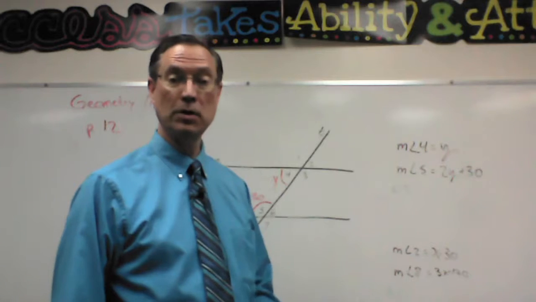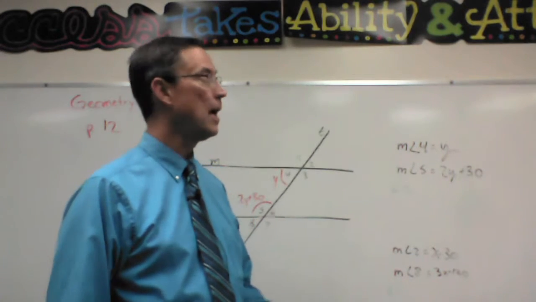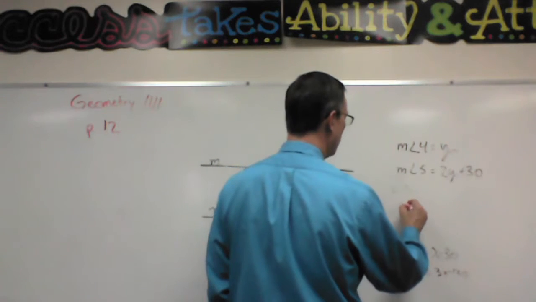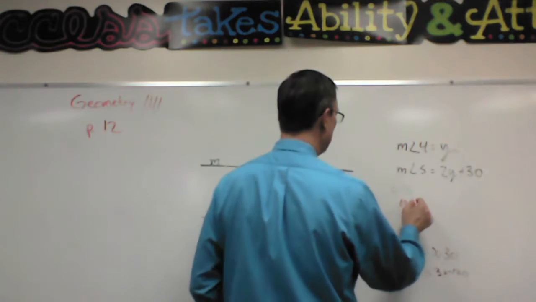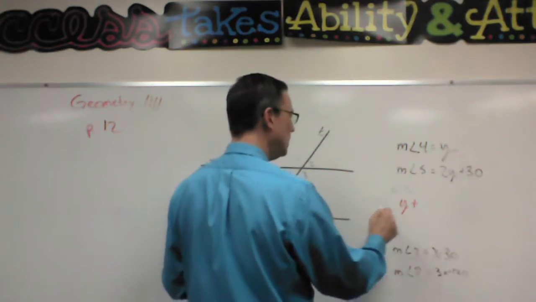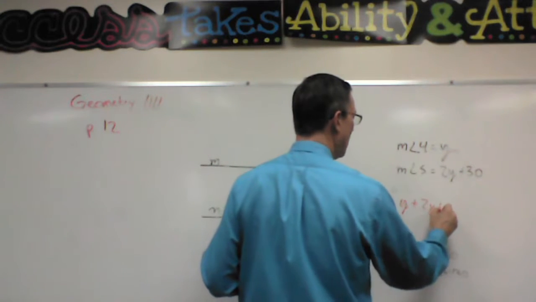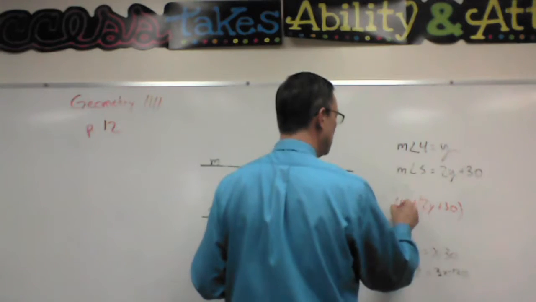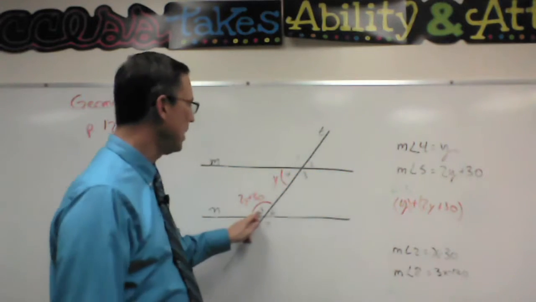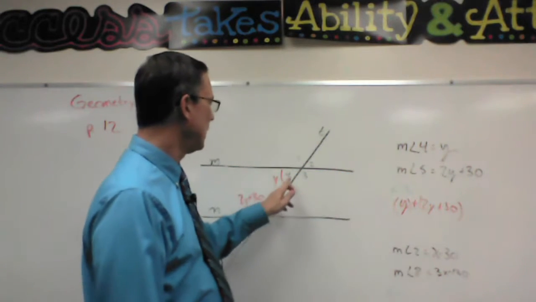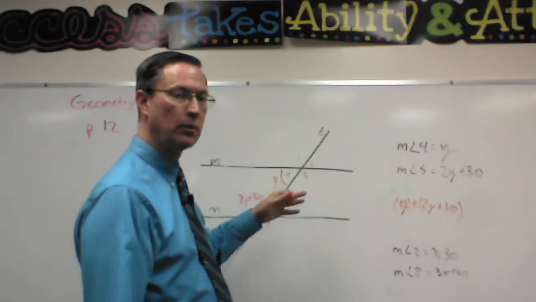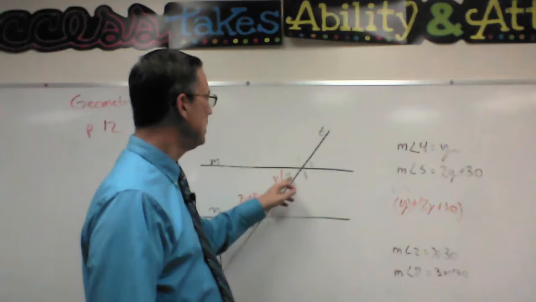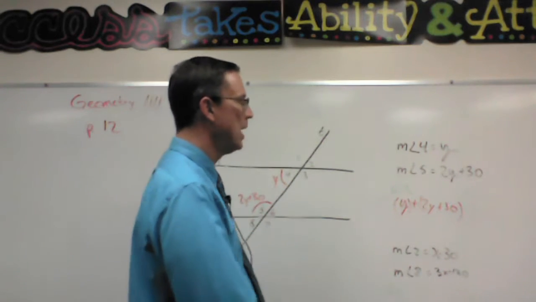And so you can actually set up a very easy algebra equation, something like this. y plus 2y plus 30. So 2y plus 30 represents angle 5. y represents angle 4. All right, we're putting these two angles together, and it's going to equal a supplementary angle.